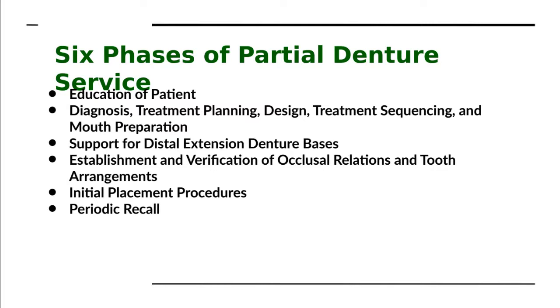So when you have a distal extension base, you need to look for the support for your distal extension base. The next thing is establishment and verification of occlusal relationships and tooth arrangements. Once you record the distal extension bases, you need to do proper jaw relations and you start arranging the teeth.